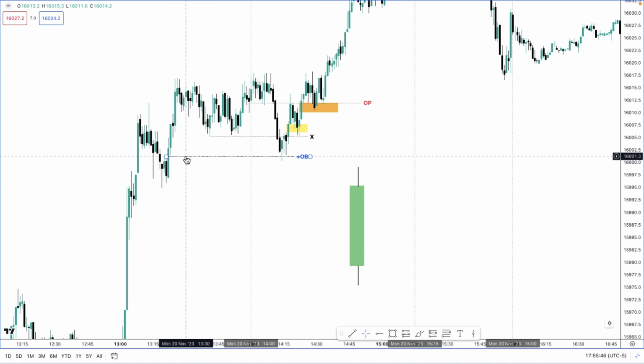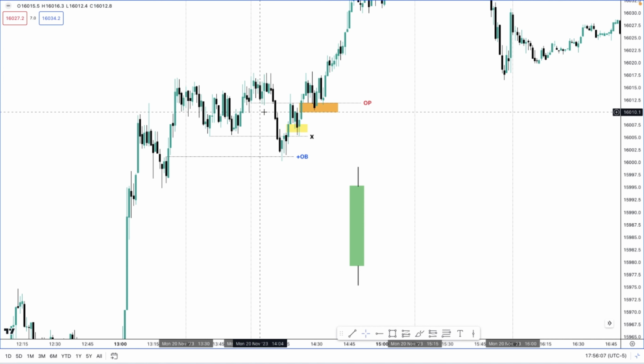What I actually mean is that when you are interested in trading the silver bullet, you wanna look at the market from 2 p.m. So right at 2 p.m., that's when you wanna start looking. Before that, you wanna be offline, you wanna have your eyes closed.